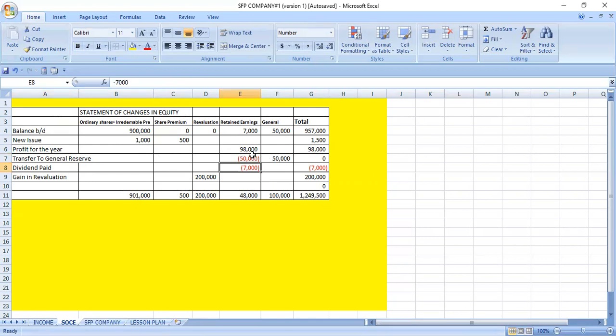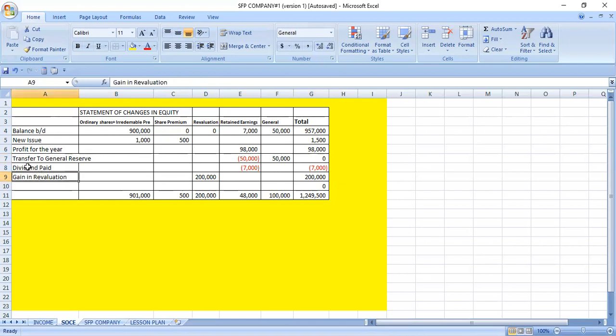Remember, general reserves are created out of the retained earnings, by debiting the profit and loss account and crediting the reserve. So be careful, please take note that a transfer to general reserves will reduce our retained earnings and increase our general reserves. Then you can find that the net effect of this, a minus and a plus, will give us a 0 on this one. So we are good to go.